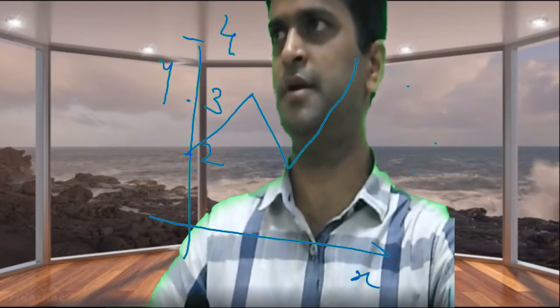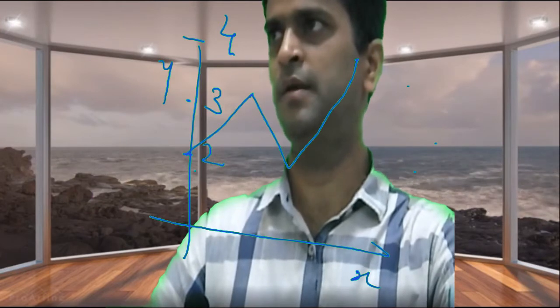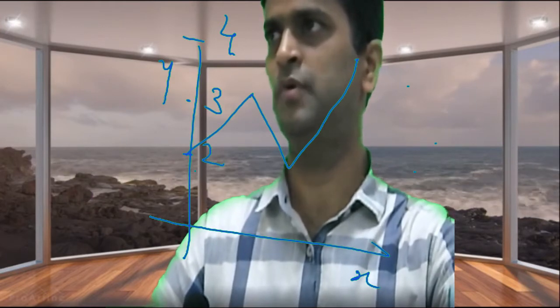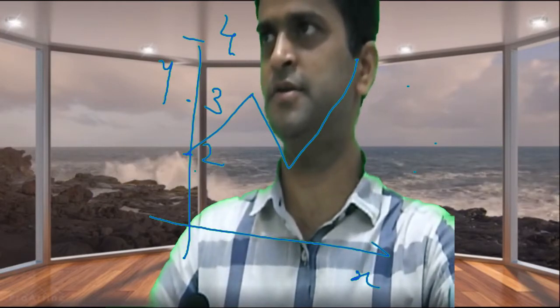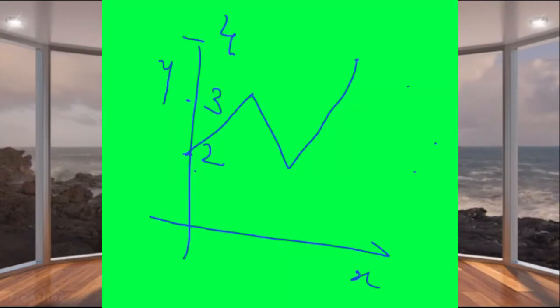This data can be plotted as a trend: initially it was at 2, after some time it moved to 3, then again it came back to 2, then it increased to 4. So like that we can say here is 2, here is 3 and here is 4. So the trend of movement can be understood from this.